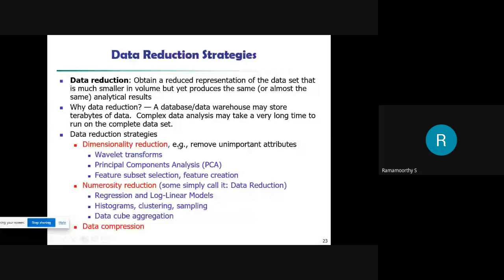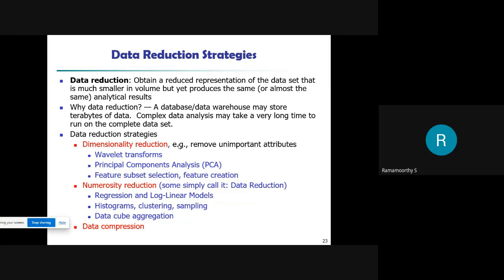So why do we need data reduction? If you take any database or data warehouse, we store the data in terms of terabytes to petabytes. So it is always too difficult to analyze this complex data, and it will also take a very long time to run the code and complete the data set.